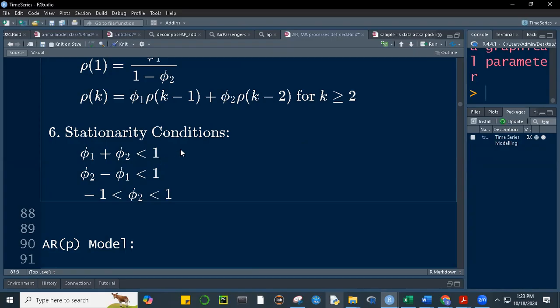It cannot be more than 1 when you add them. Also, Phi2 minus Phi sub 1 should be less than 1. And Phi2 should be between -1 and +1. So these are your stationary conditions.